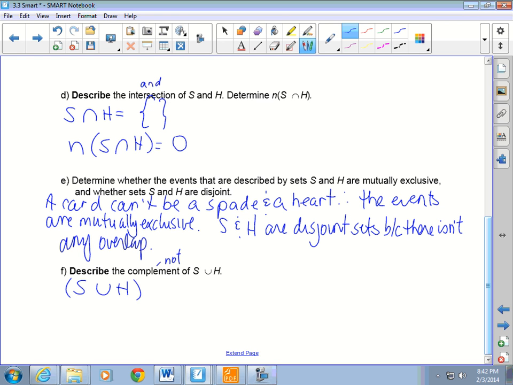So the complement of S, of the union of S and H, or spades and hearts, could be described as the set of cards that are not hearts or spades.